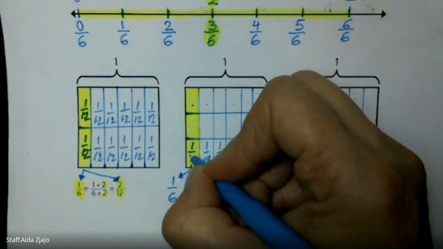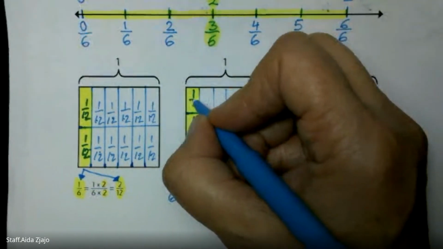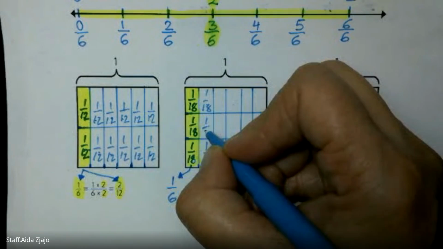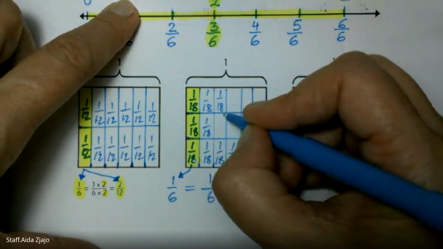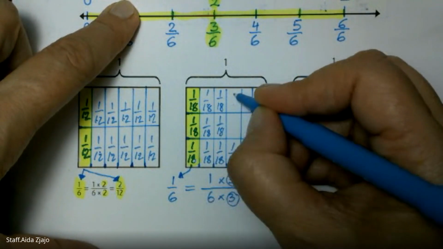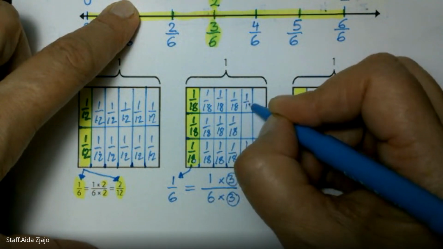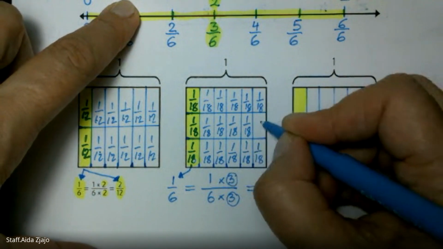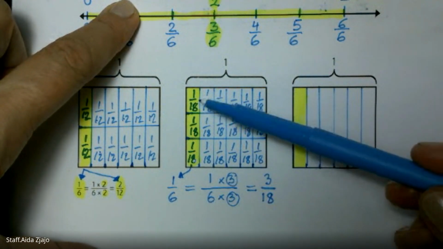So 3 eighteenths will make 1/6. We didn't lose area.